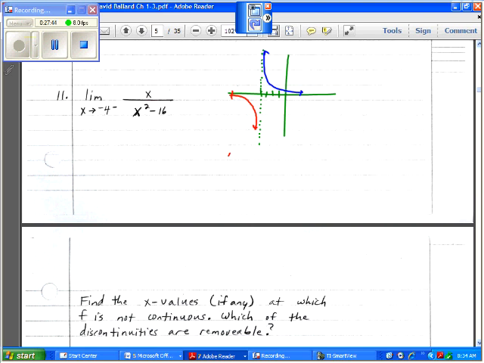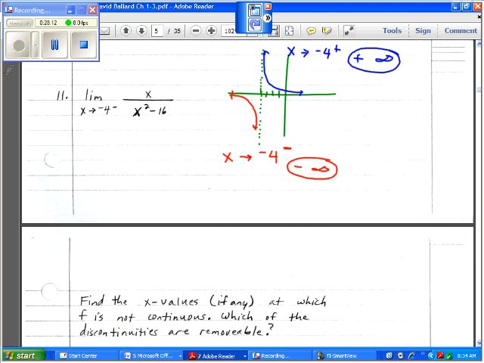And so we said as x approaches -4 from the left, it's approaching negative infinity, which is the answer to the question. As x approaches -4 from the right, we can see that it approaches positive infinity.